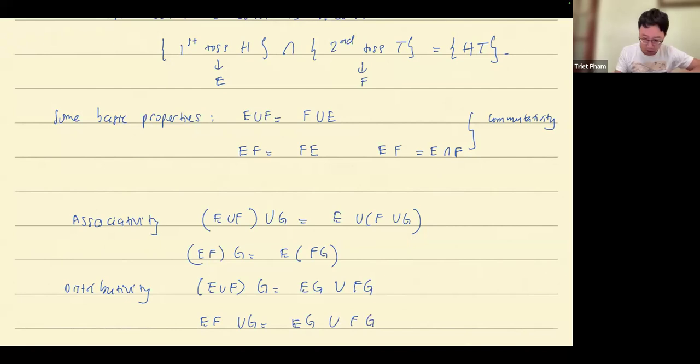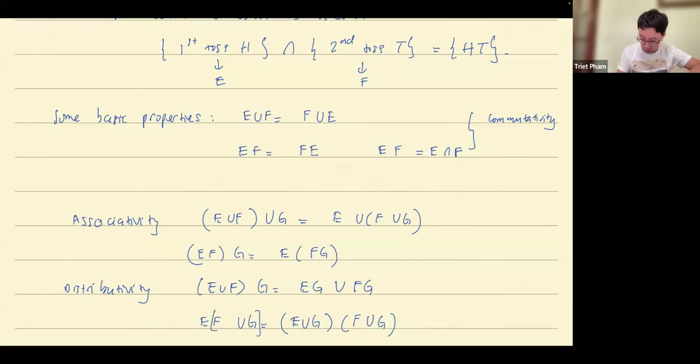I think, hold on. So this is clear, right? This is E union F intersect G. The textbook says this is E union G intersect with F union G. So I believe that the way they read this should be like that.